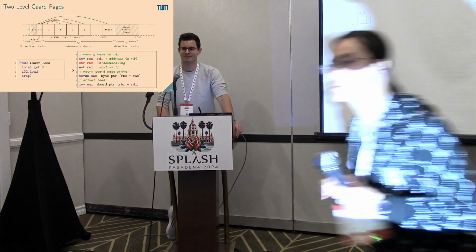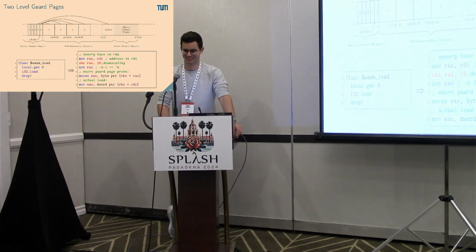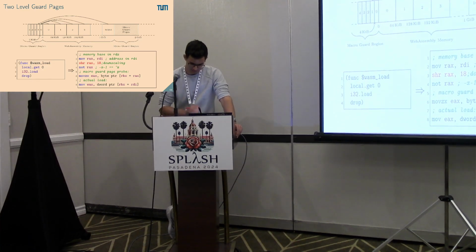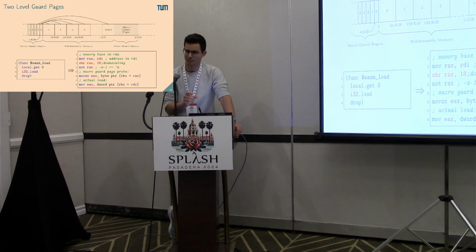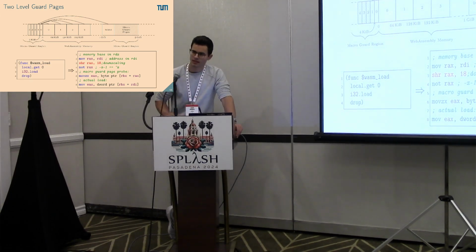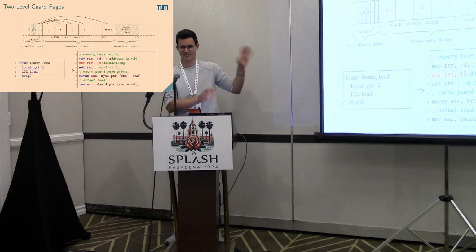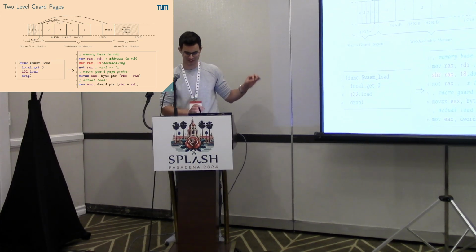Time for one more question. I think it's also true that you can lift the first level check out of a loop, because even if the loop wraps around, you're going to go out of bounds. This is also something we didn't cover at all in this paper. This just assumes that every bounds check is required.